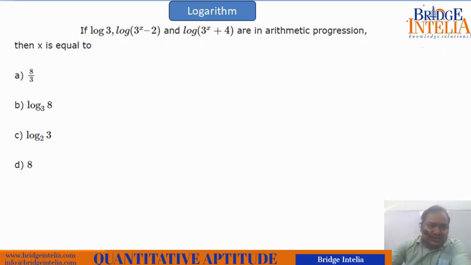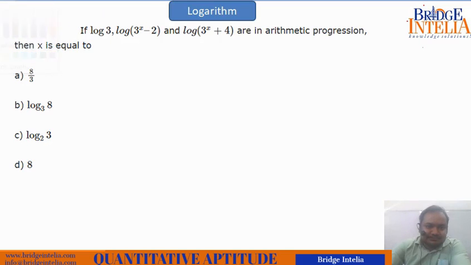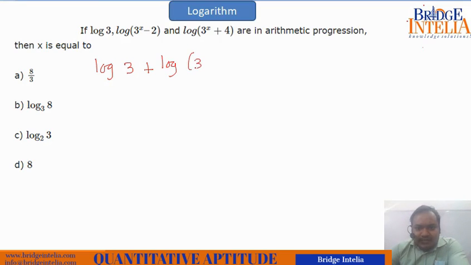So the average of first and third term, let's take that. So the first term is log 3. Last term is log of 3 to the power x plus 4. So average of this, that means divided by 2, must be equal to log of 3 to the power x minus 2.